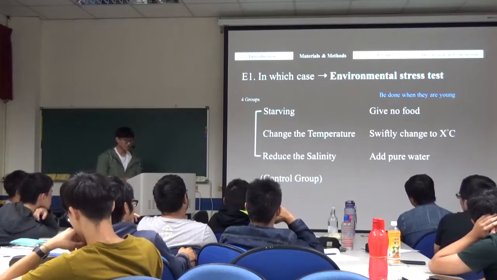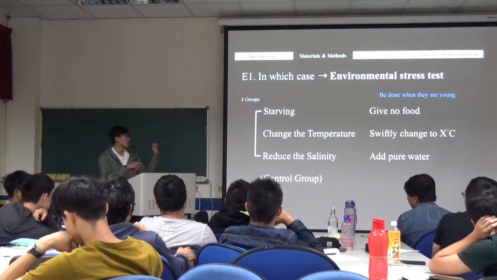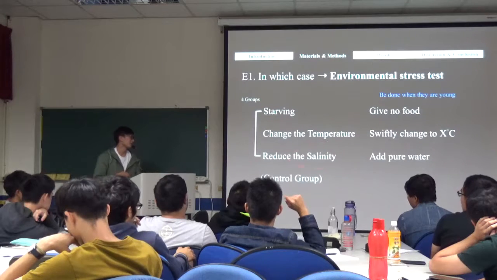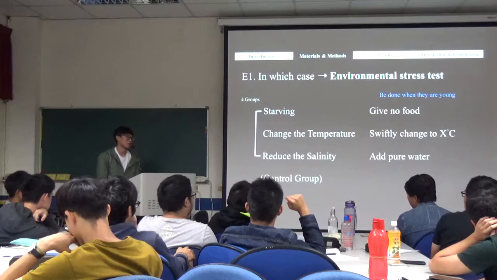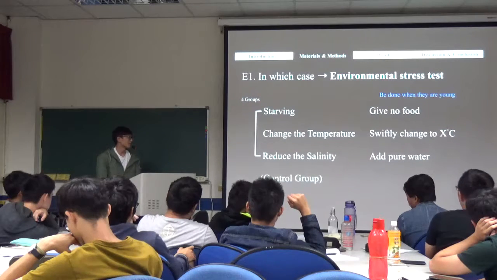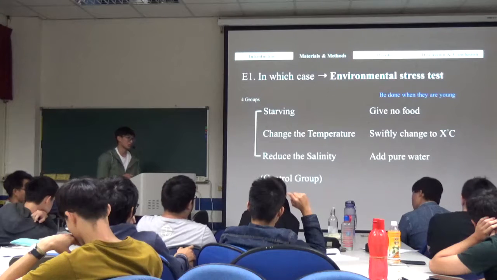They didn't mention this, but I think it's because these are the most important indexes in the sea. So if you change this, the lake may perhaps have some change.